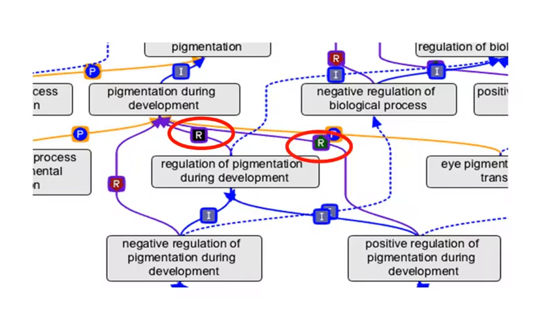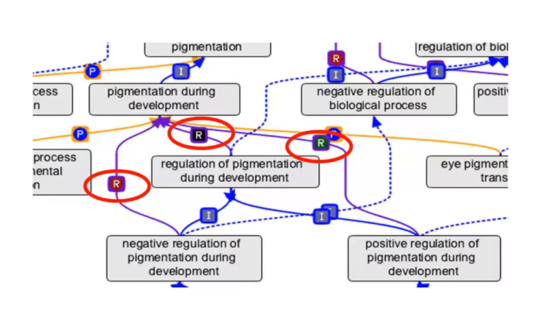An R with a green background on an edge specifies that positive regulation of pigmentation during development positively regulates pigmentation during development. Yes, you guessed it. An R with a red background on the edge specifies that negative regulation of pigmentation during development negatively regulates pigmentation during development.